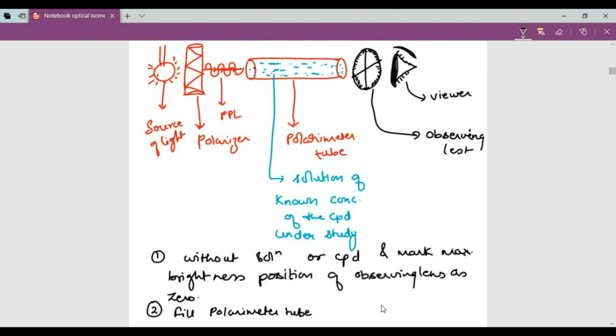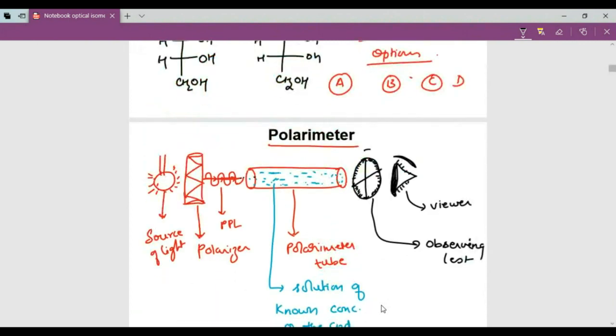If to obtain the new maximum brightness our observer has to rotate the observing lens to the right-hand side, then he will report that the compound in this polarimeter tube is dextrorotatory, a right-handed rotation. And if he has to rotate in the anti-clockwise direction towards the left-hand side, then he will report that this solution under study is behaving as levorotatory.